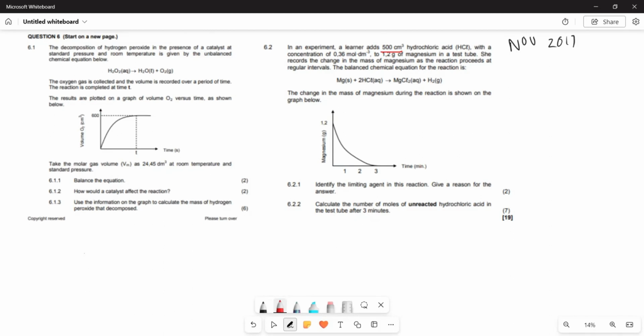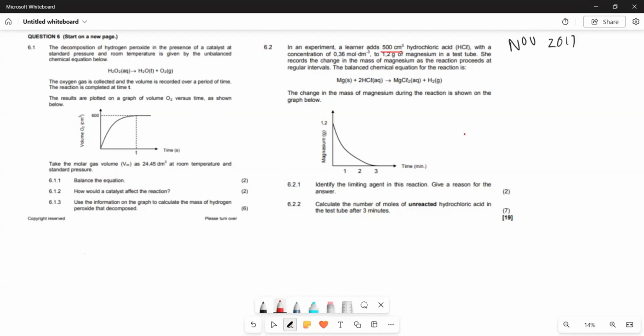She records the change in mass of magnesium as the reaction proceeds at regular intervals. The balanced equation for the reaction is given below.